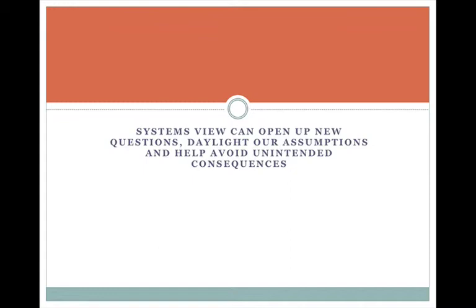So in the coming weeks, we're going to be talking about network view, we're going to be talking about game theory, and we're going to be talking about uncertainty, and all of these together help us frame the questions and look at it so we can avoid some of these bad consequences.